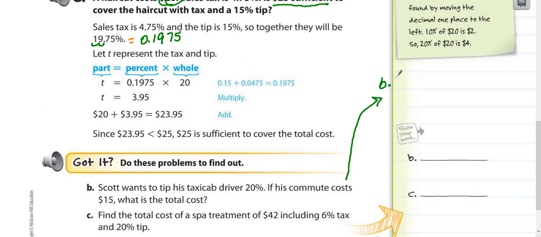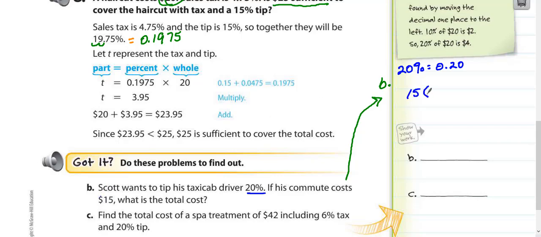Okay, so I moved this up here, and we're going to go ahead and do part B up on the top. So we have 20%. So I know that my 20% is going to be 0.20 or 0.2. I'm multiplying that by the $15 that his commute costs.